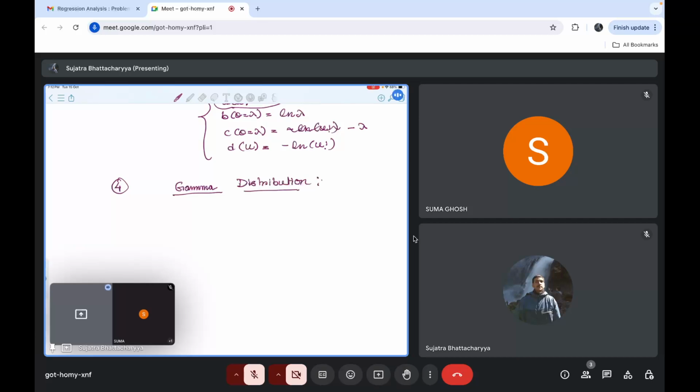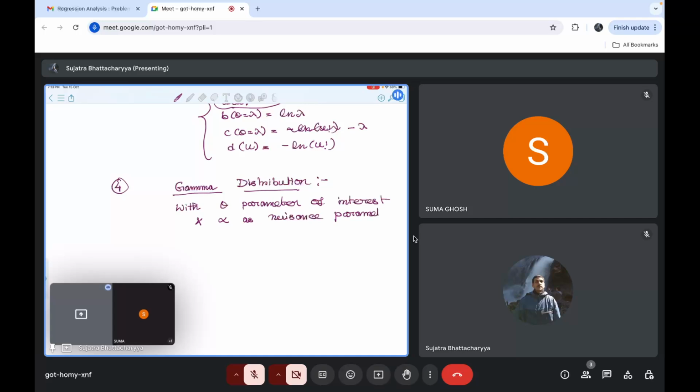So in case of the gamma distribution, let us define several things, say with theta as the parameter of interest and alpha as some kind of nuisance parameter.